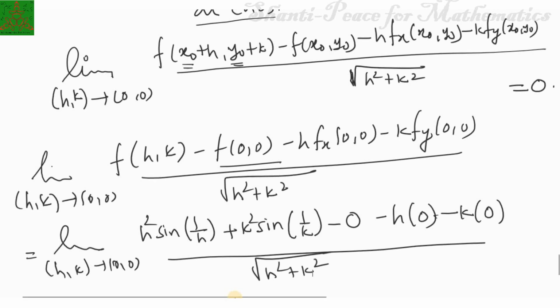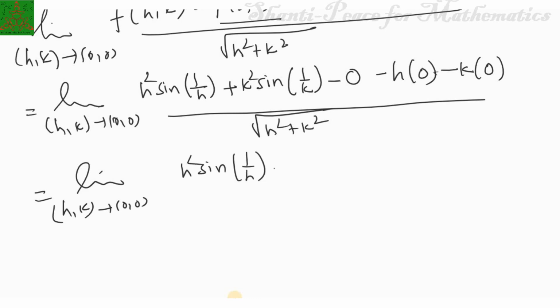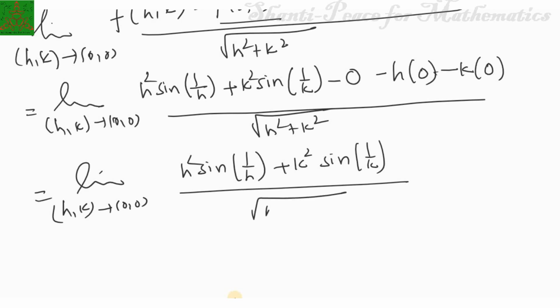Now we have this. So finally we'll have the limit as (h,k) tends to (0,0) of h squared sine 1/h plus k squared sine 1/k, upon square root of h squared plus k squared. We have to show that this is 0.